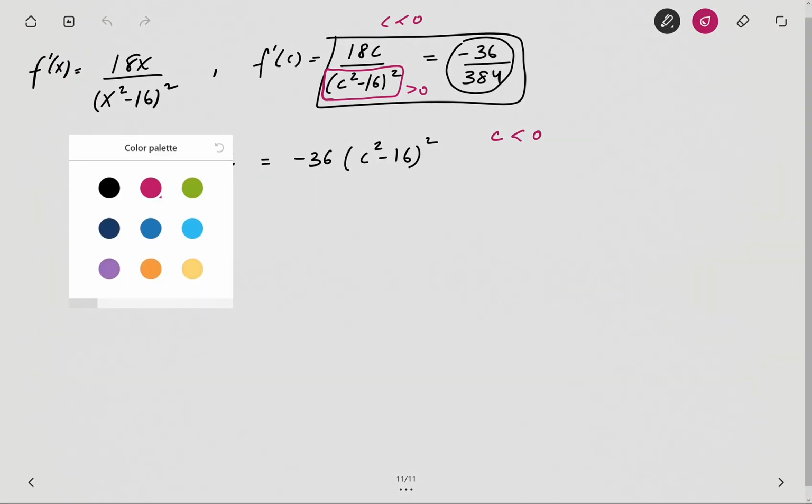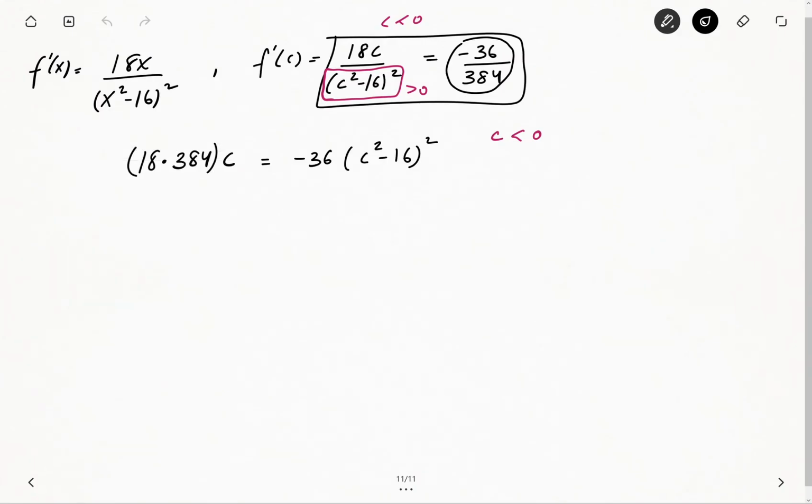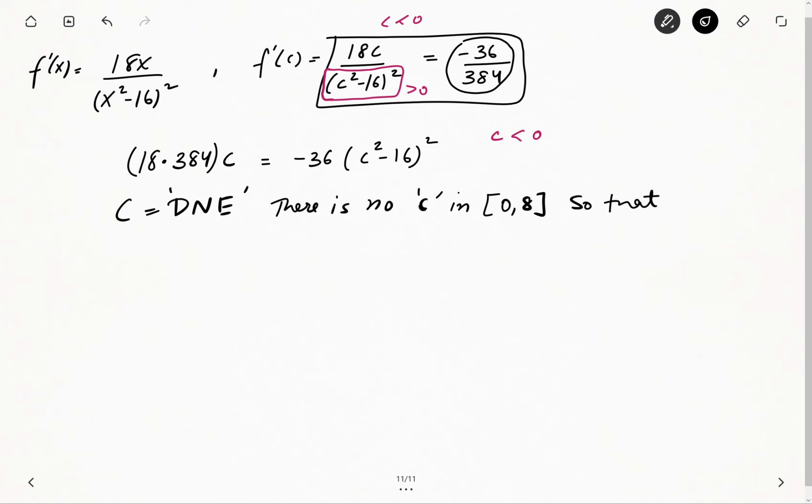So the answer to this, the short way, will just be that the c does not exist. In other words, there is no c value in 0 to 8 so that f prime of c will be equal to f of 8 minus f of 0 over 8 minus 0.